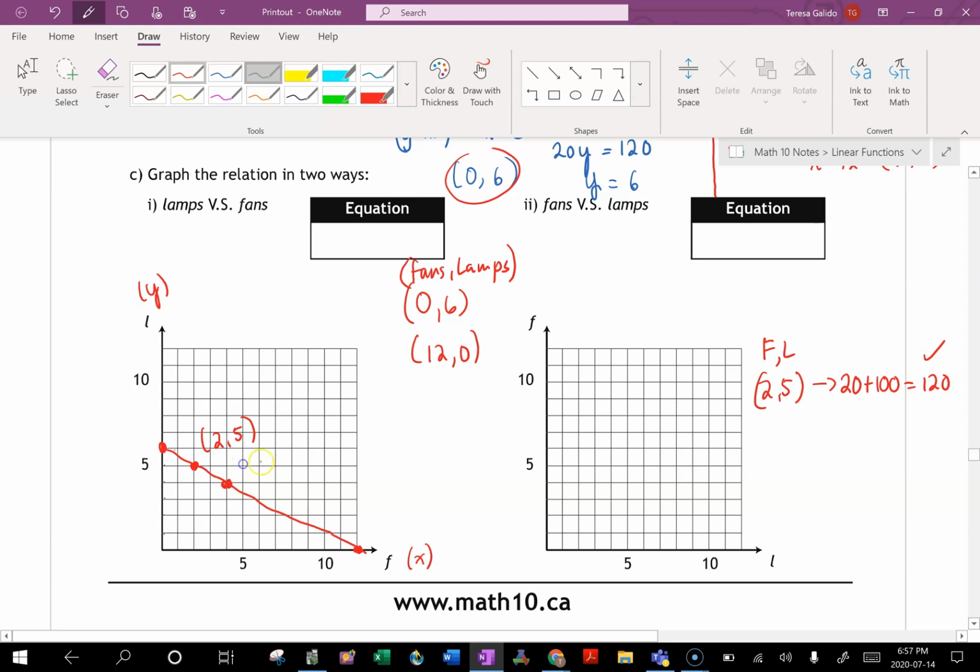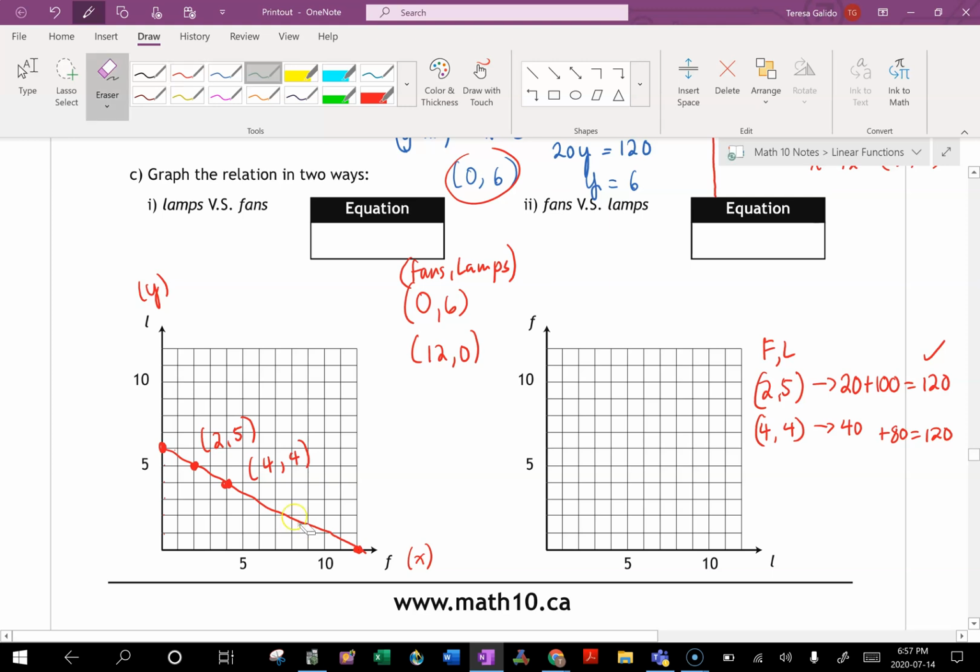This is also possible. This is 4 fans and 4 lamps. So 4 fans and 4 lamps would give us $40 plus 4 times 20 is 80, so that's also 120. So that's also a possibility.